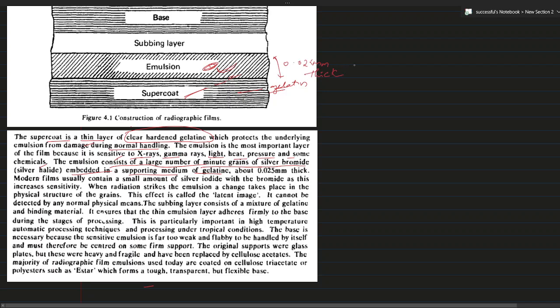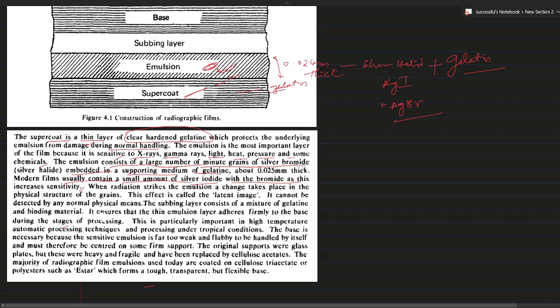It contains silver halide plus gelatin. Modern films usually contain a small amount of silver iodide with a bromide as this increases sensitivity. So silver halide contains AgI plus AgBr, so that sensitivity increases.